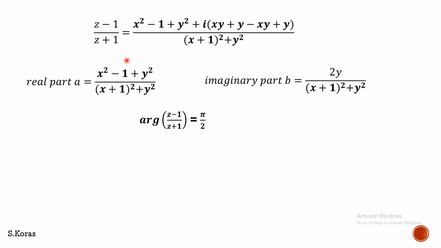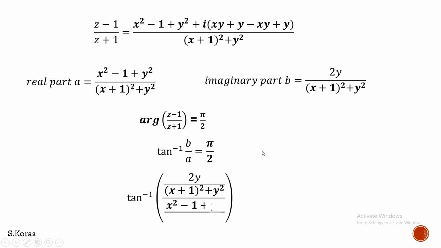So let us apply this formula, that is tan inverse of b by a is equal to pi by 2. Instead of b, let us replace b with this 2y by x plus 1 the whole square plus y square. For a, let us replace a by x square minus 1 plus y square by x plus 1 the whole square plus y square.